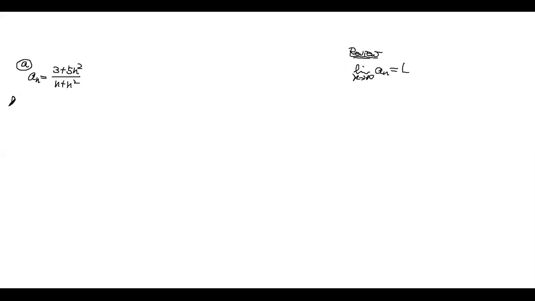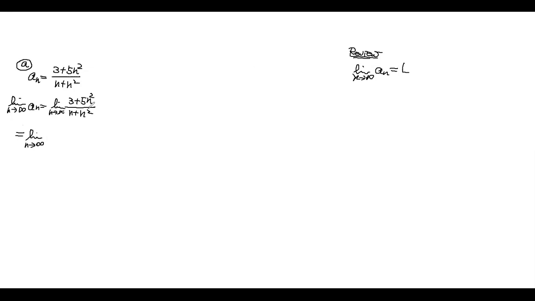So let's see, the limit as n approaches infinity of a_n is the limit as n approaches infinity of (3 + 5n^2)/(n + n^2). In order to find the limit, we can divide by the highest terms.